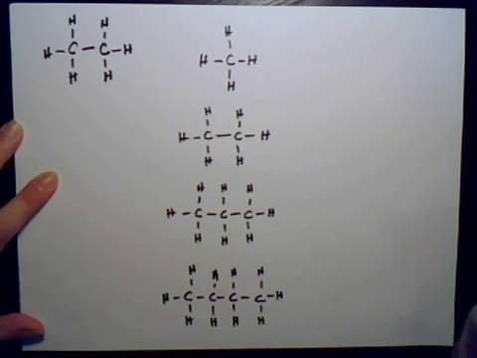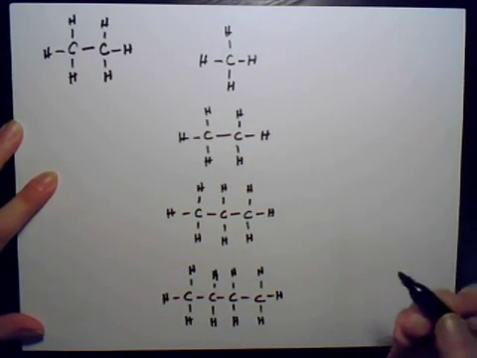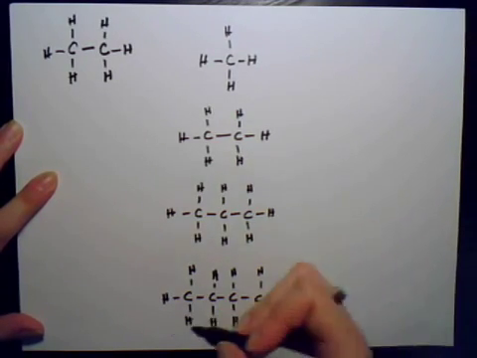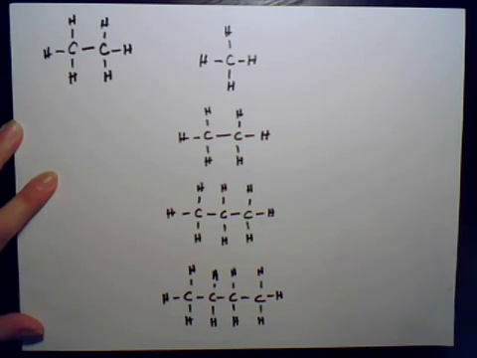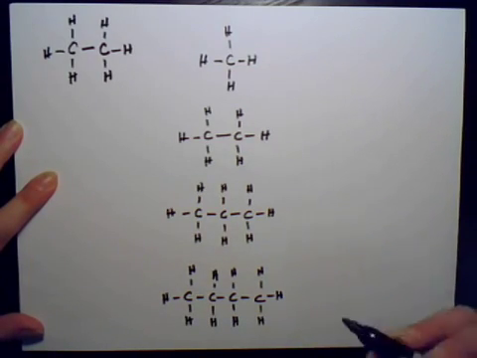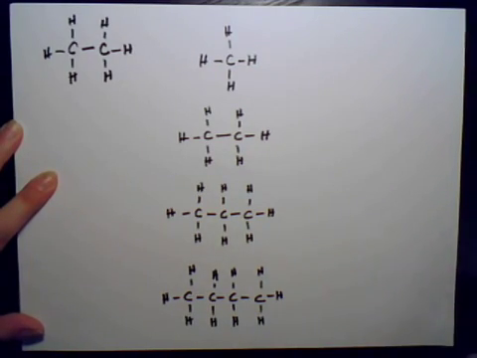Now, obviously, this goes on and on to basically infinity. You can have as many carbons in a chain, up to, like I said, 20, 30 carbons in a chain.